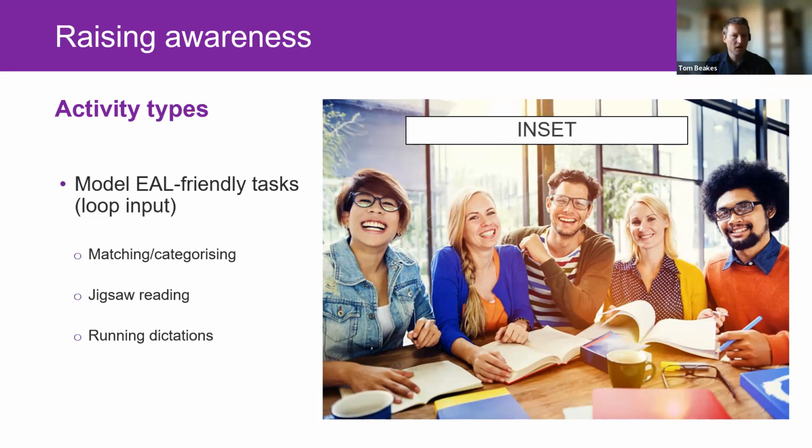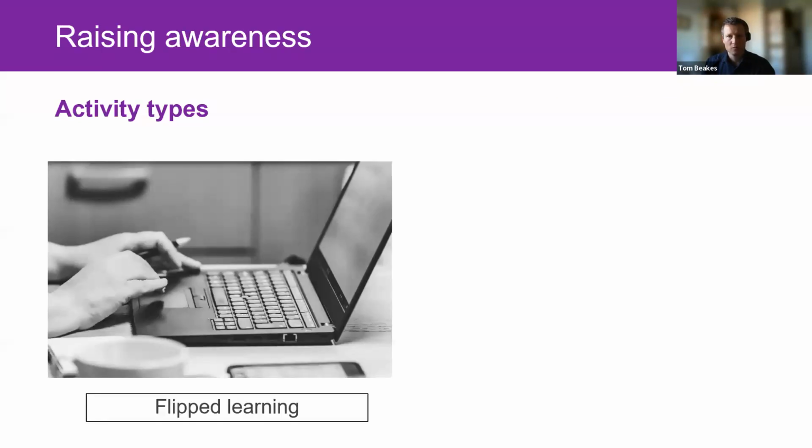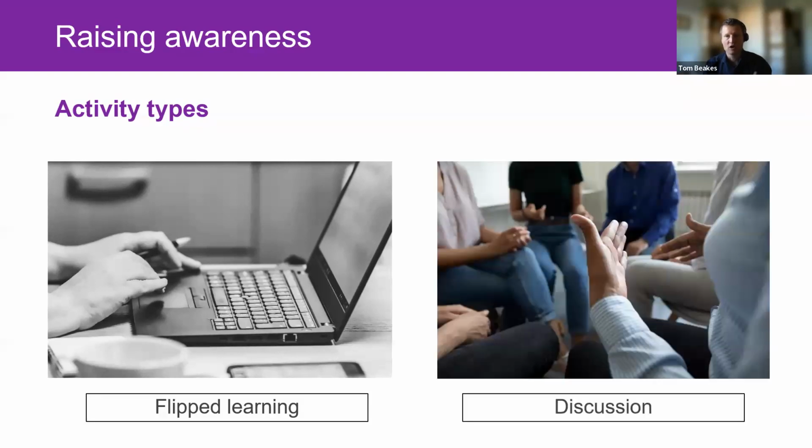Another good awareness raising thing we might do is thinking about flipped learning. So this idea of allowing teachers to do the reading and research at home and maybe bringing it to a face-to-face session where they can discuss or really work out their ideas. So this could be things like reading and summarizing a particular section of the document.